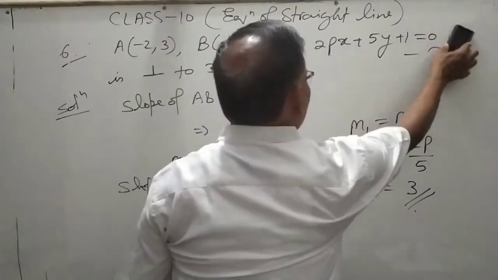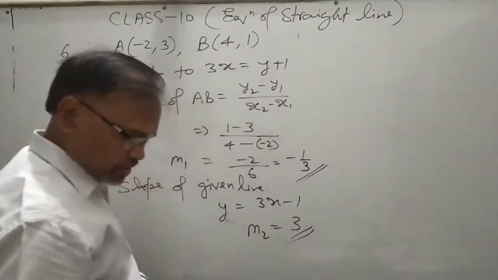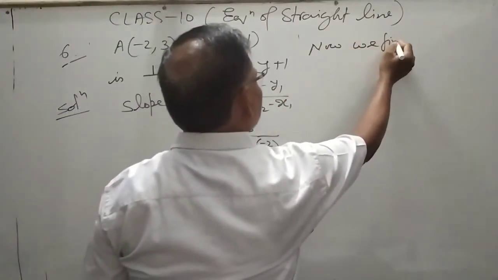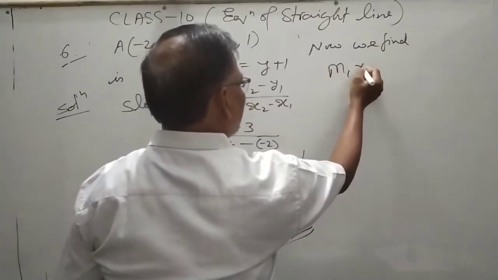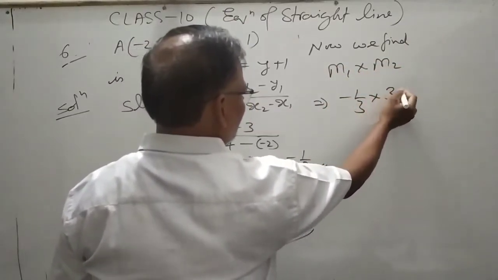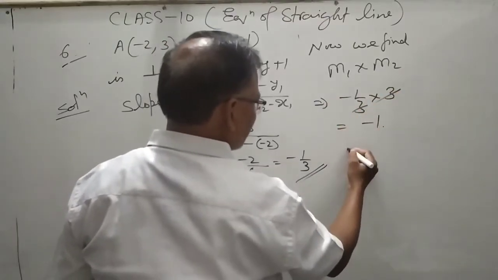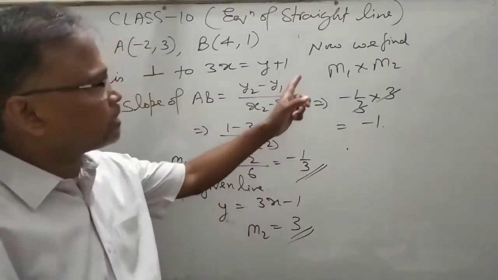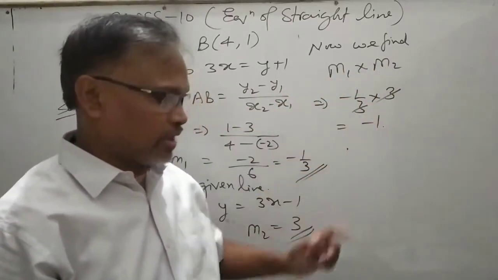Now we find m1 into m2, that means minus 1 by 3 into 3. This is equal to minus 1, which shows the lines are perpendicular, because the product of the slopes is minus 1.